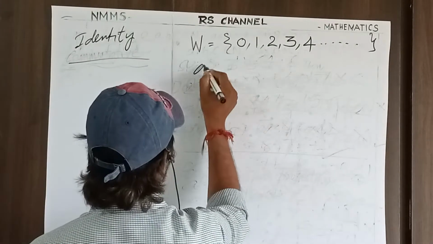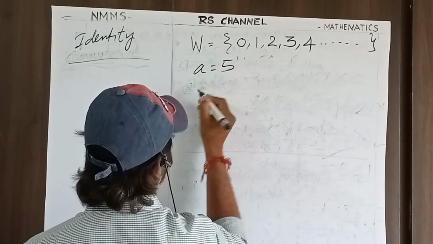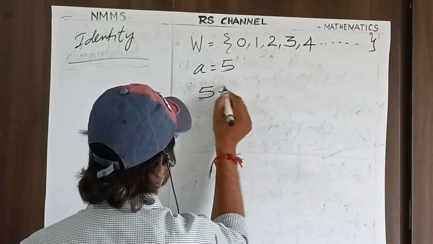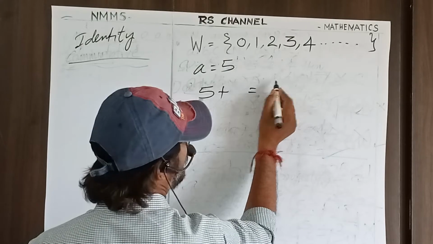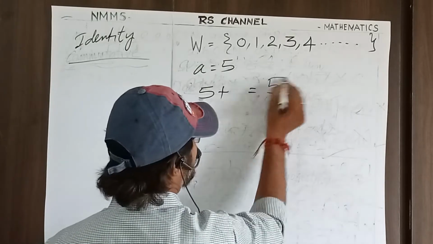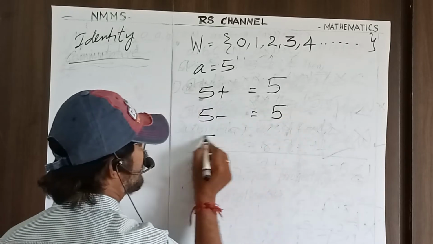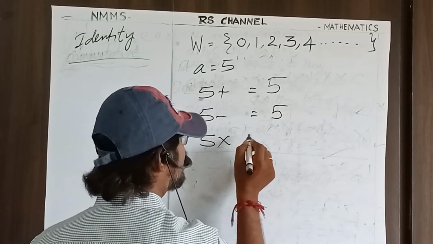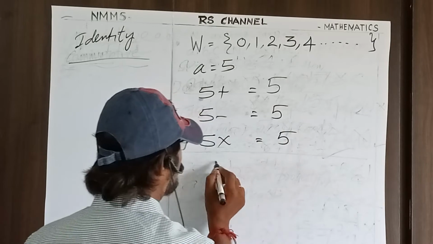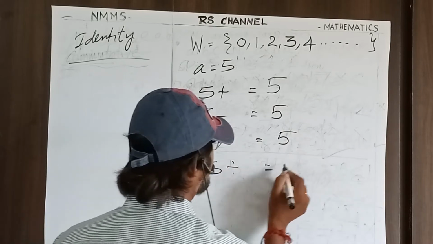Suppose I am taking A is equal to 5. So 5 plus something, we must get 5. 5 minus something, we must get 5. 5 into something, we must get 5. 5 divided by something, we must get 5.